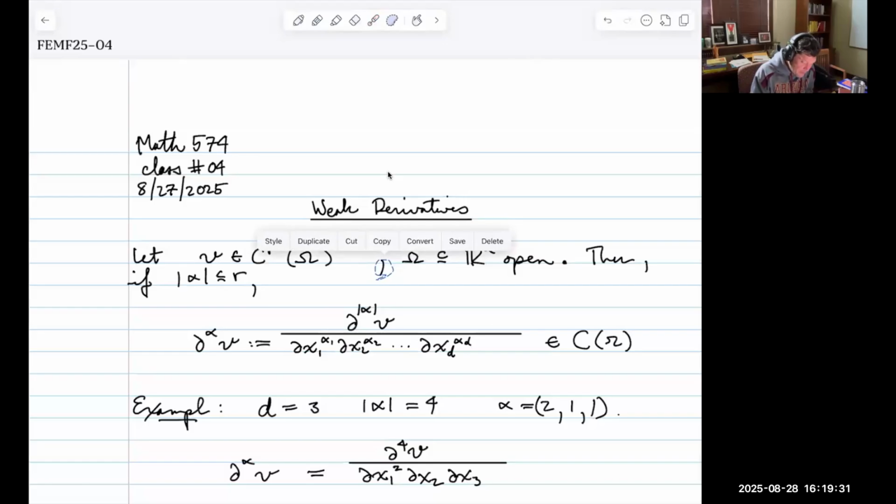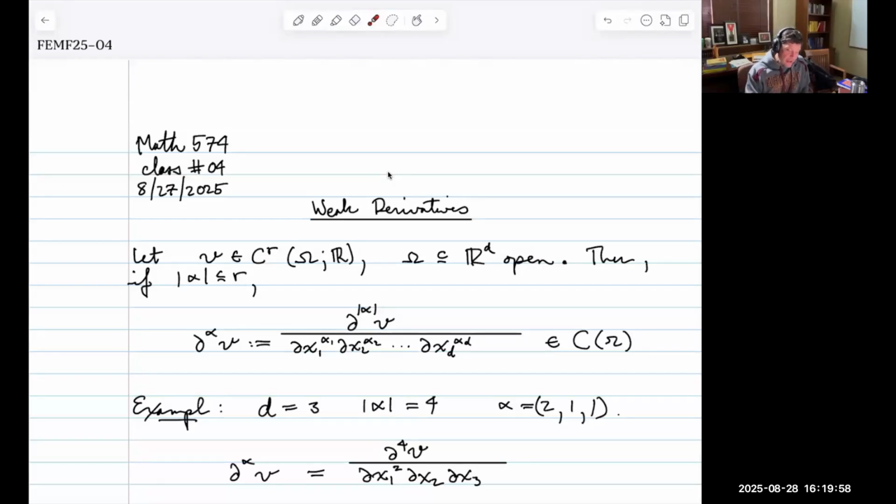So if I really want to be specific about the range and the domain, I'll do something like that. This notation here means that my domain is the set omega and my range is R. So these are real valued functions. Okay, so they're usual sort of functions that you're used to.